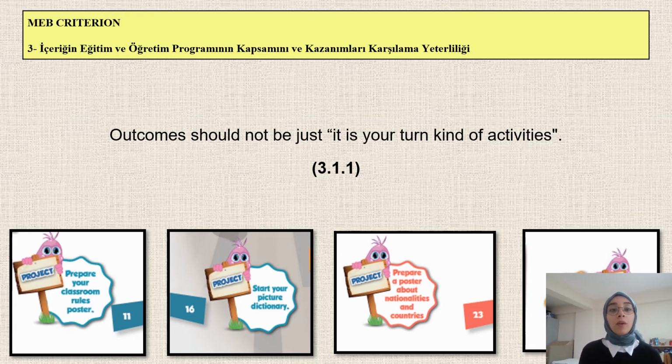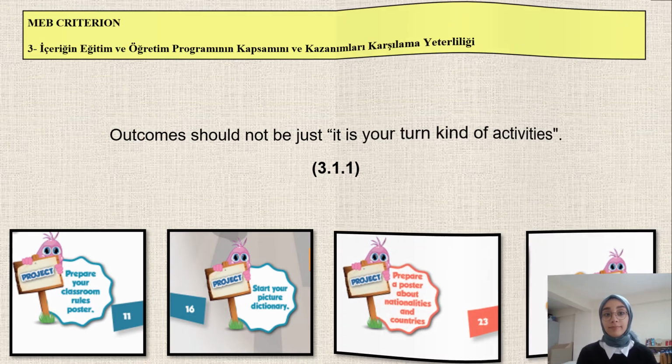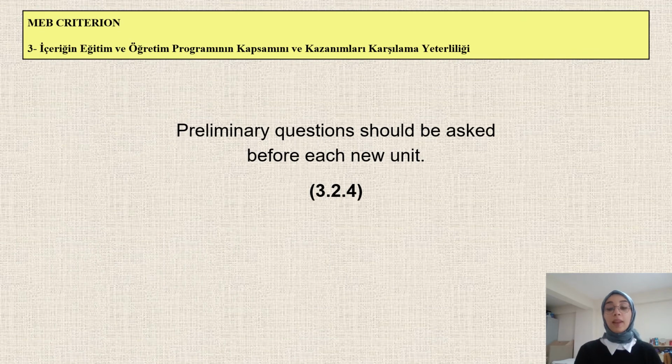These are all the same, and it violates this criterion. Most importantly, there should be preliminary questions before each unit to make students familiar with the upcoming topics, but unfortunately there are no such questions in the book.